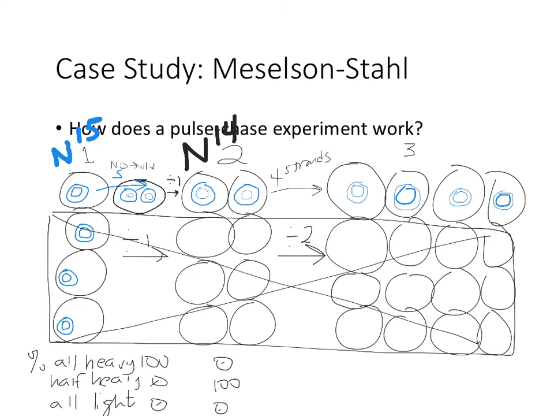Are there any all-heavy chromosomes in generation 3? How many are all light? Half, 50%. So we've got all light there and there. And we've got the other 50%, which is half heavy.